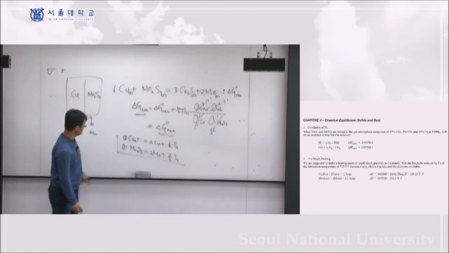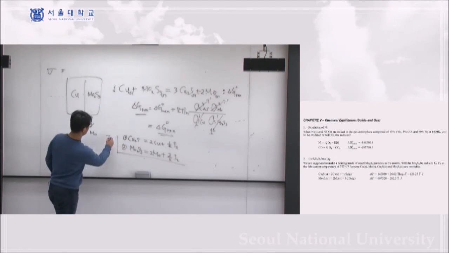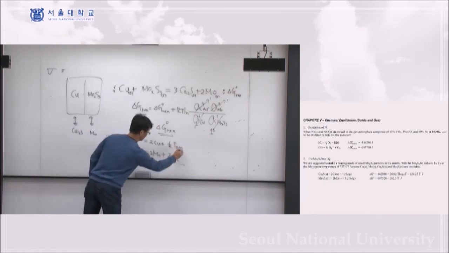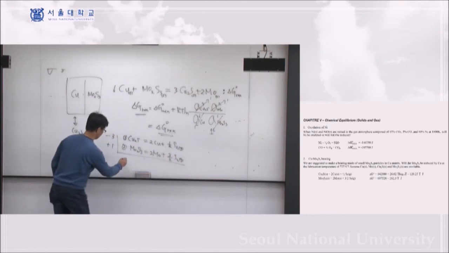So basically I have to combine what? This minus 3 and plus 1. Then the S2 gas phase will be eliminated here. So this will be 6 Cu.